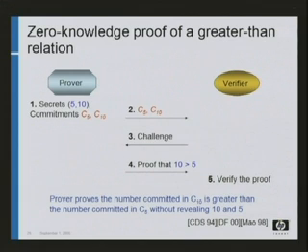So the prover will first generate the commitments, and then the user will submit a challenge, and then the prover will have to generate a proof based on the challenge to show that the two numbers satisfy this relation.